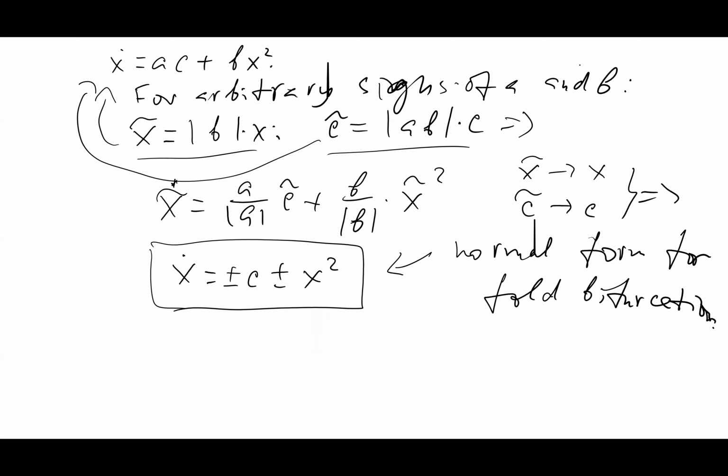In fact, we can have 4 cases here: plus or minus before parameter c, plus or minus before x squared. And one case we already considered with 2 pluses.